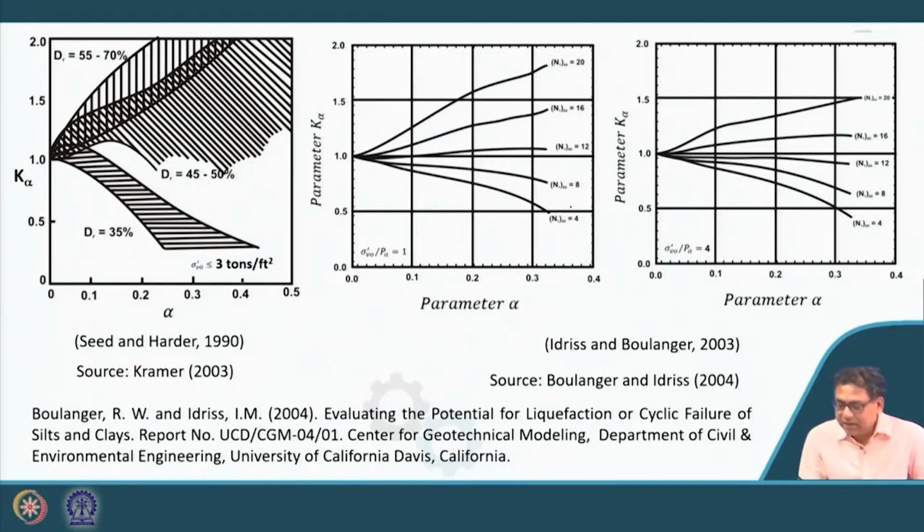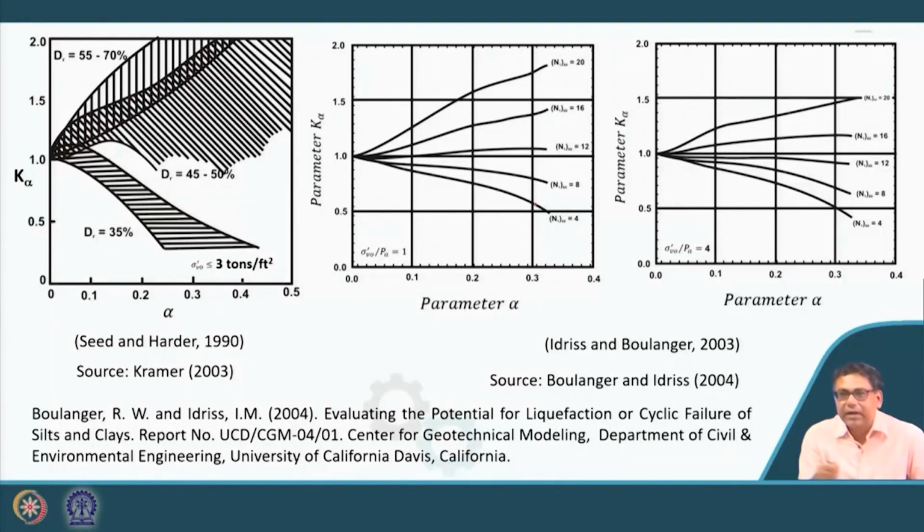And you can see that if N160 is around 10, then K alpha is 1. If N160 is less than 10, that means loose or moderately loose sand, then you will find that the K alpha value is less than 1, that means the factor of safety will reduce.